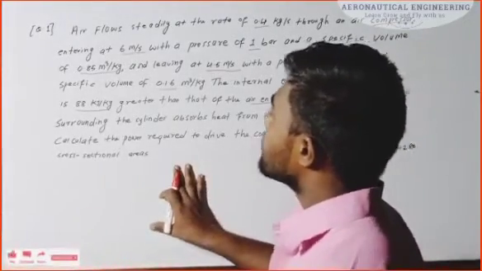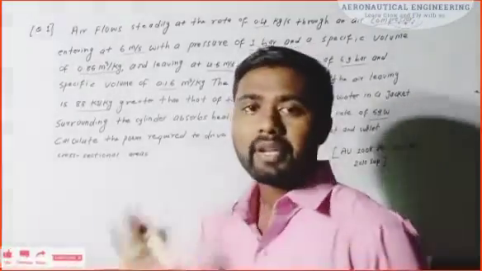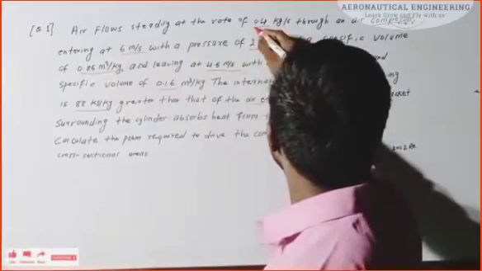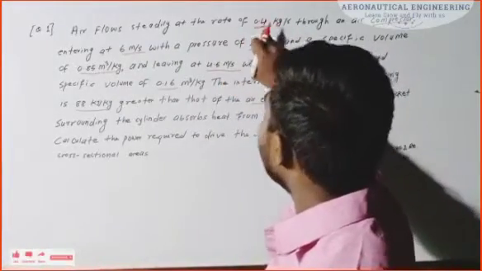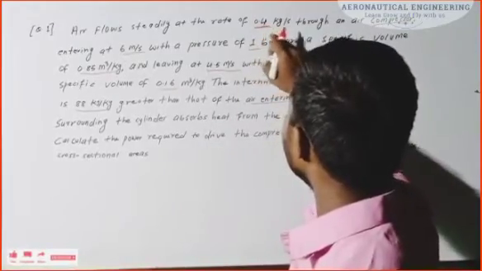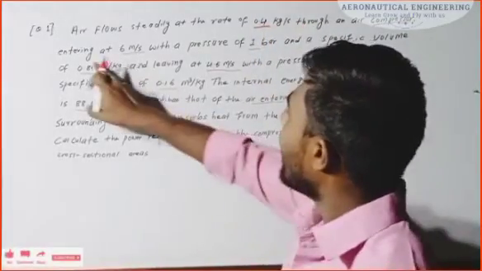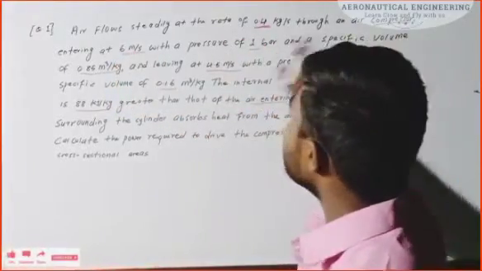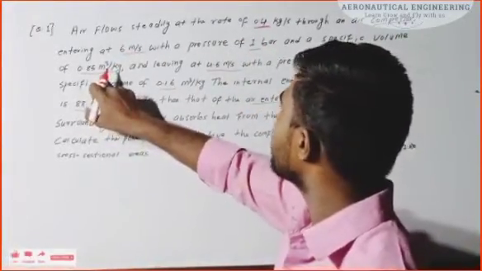So in the given question, we have a compressor. At the initial condition, they have given the rate of airflow 0.4 kg per second, the entering velocity V1, pressure P1 and specific volume v1 at inlet.